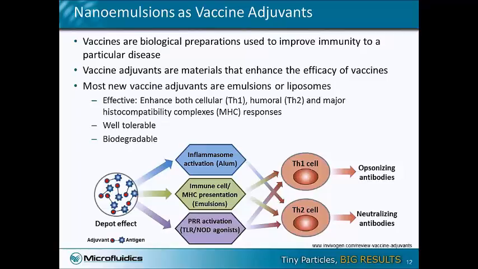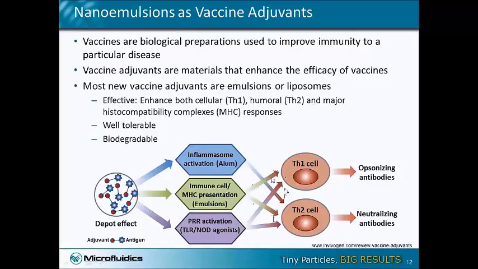For a very long time, alum has been the most popular adjuvant used. Research has found that alum adjuvant primarily induces a Th2 type of immune response. However, some of the novel nanoemulsion or liposome vaccine adjuvants have shown the capability to induce not only Th2 but also Th1 type of response.